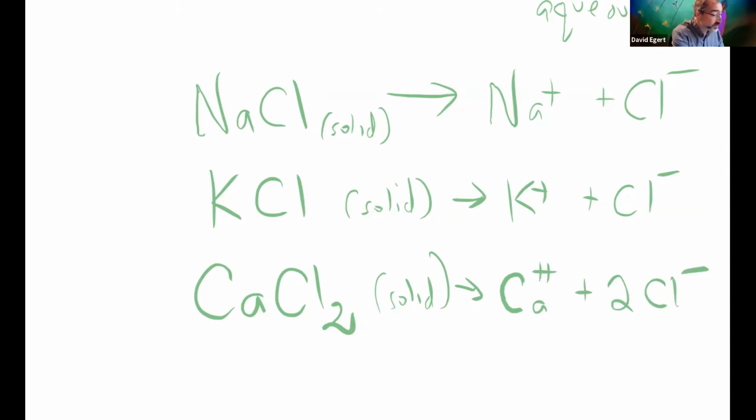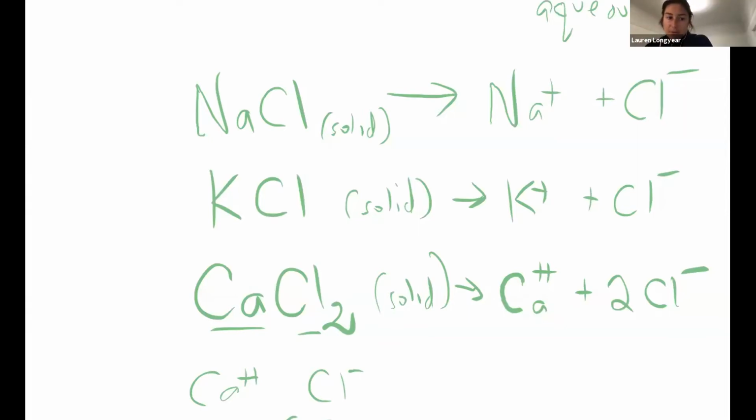So calcium chloride is also ionically bonded. But remember, calcium is 2 plus. Each Cl minus is 1 minus. So it takes 2 Cl minuses. So how many separate ions are free in the solution for every calcium chloride? 3, yeah.